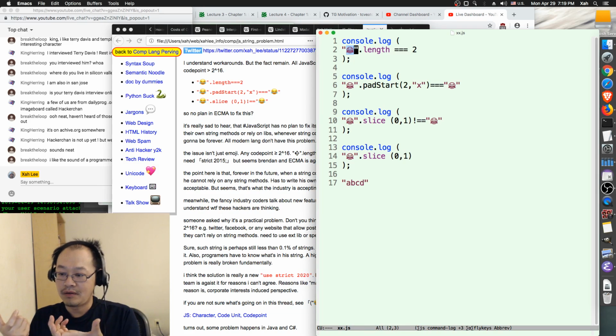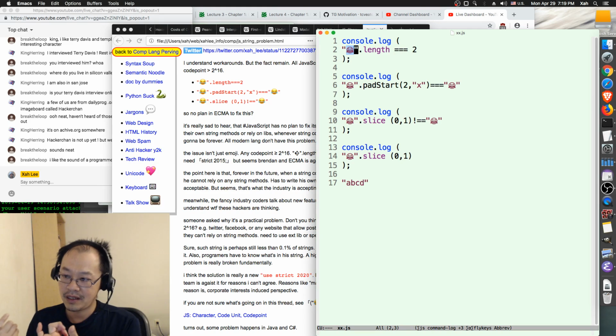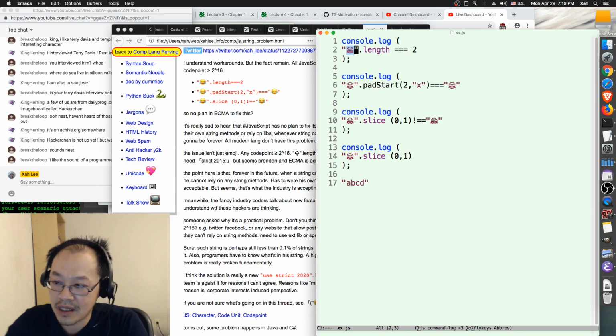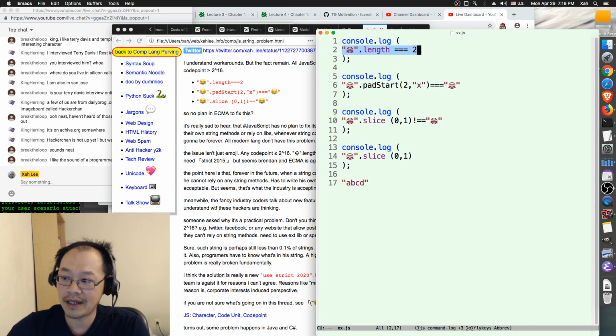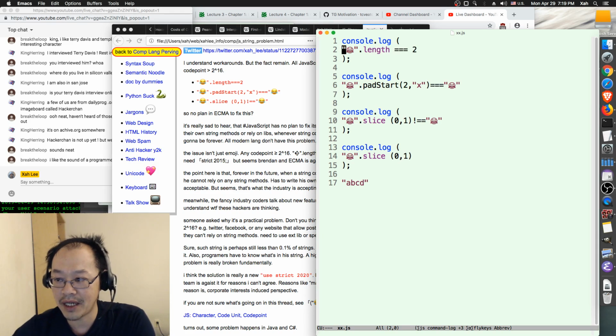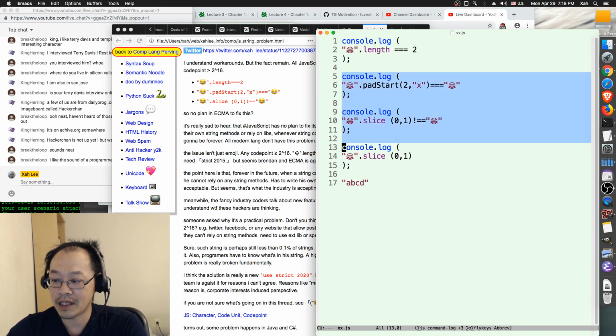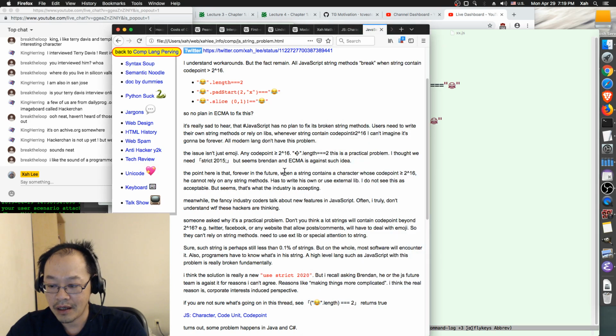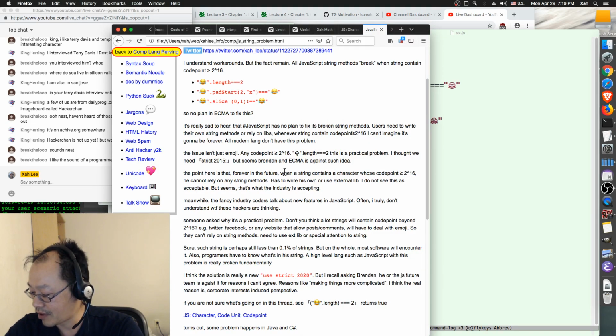So it is two 16-bit code units. That is why this smiley length is 2, and for the same reason, all the string methods do not work as you expected. Okay, so that is the reason.